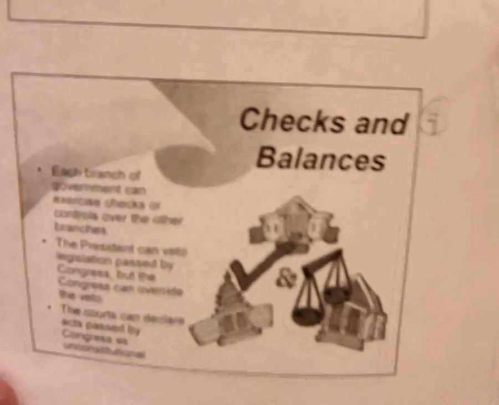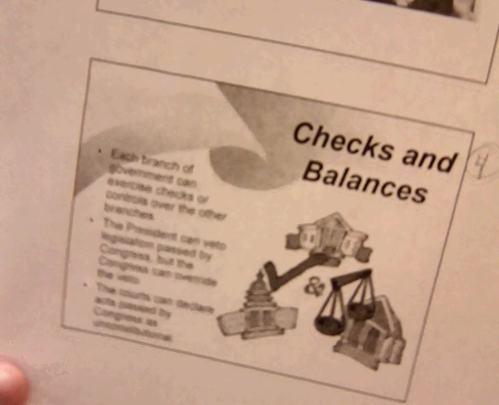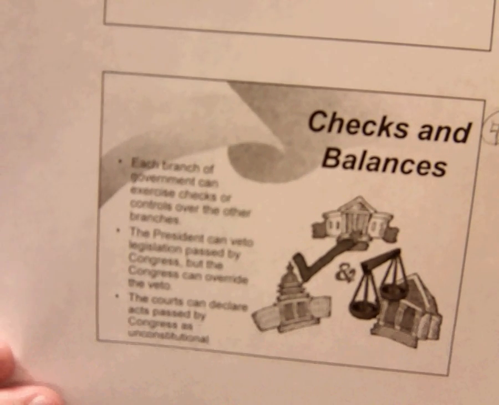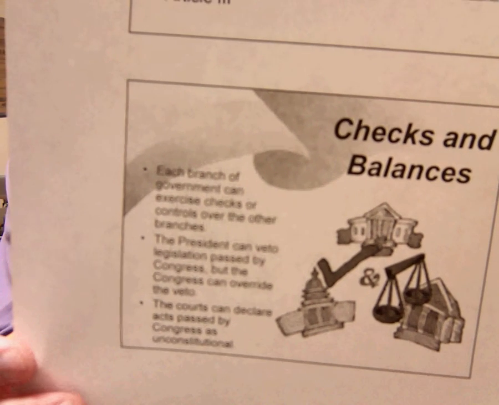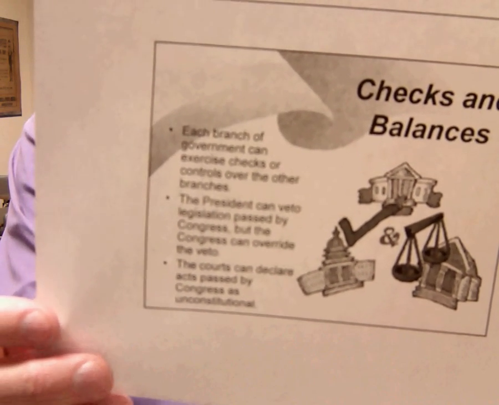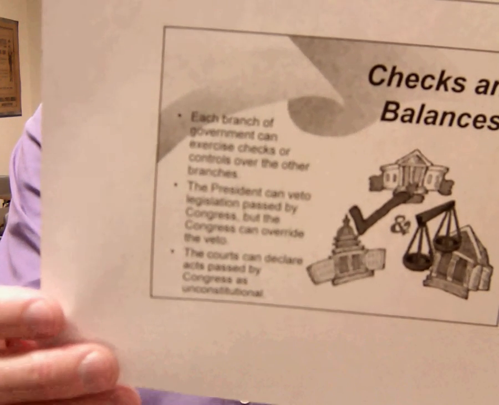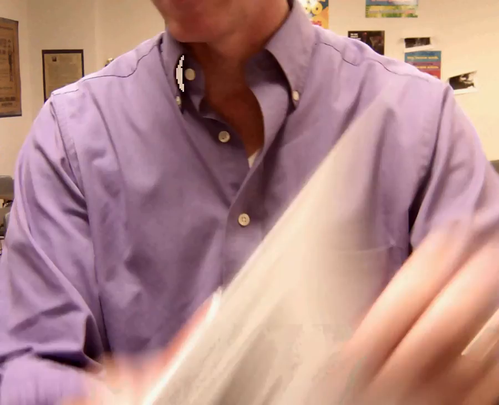Number 4, checks and balances. Each branch of government can exercise checks and balances on the other branch. The president can veto legislation passed by Congress, but the Congress can override the veto. The courts can declare acts passed by Congress unconstitutional.